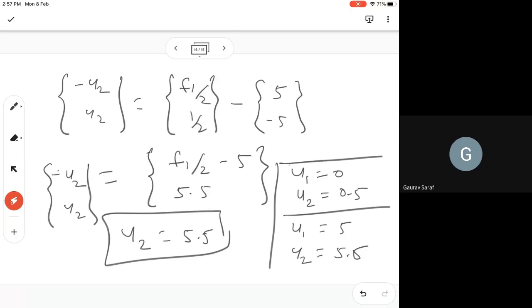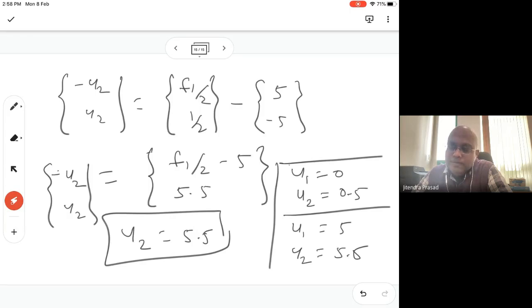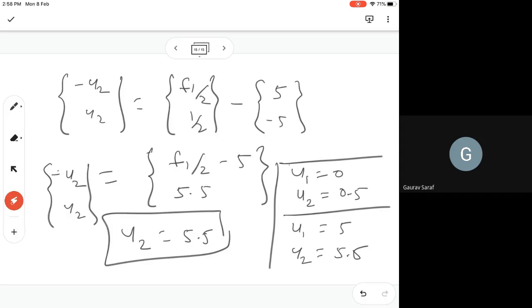So that means if the number of unknowns and the rank of the matrix are equal, only that many unknowns can be solved to get a unique solution. Both should be equal to get a unique solution.